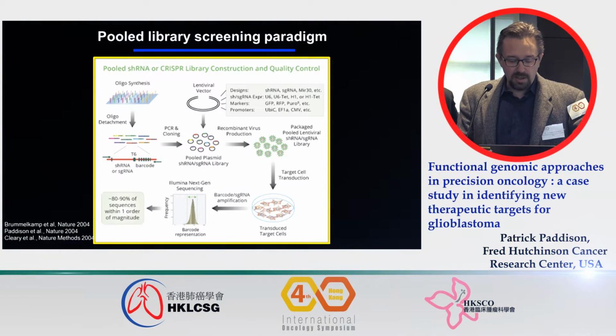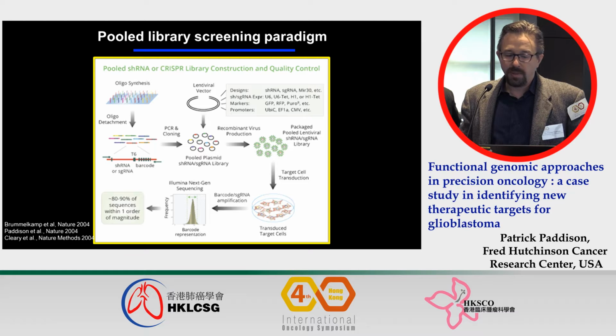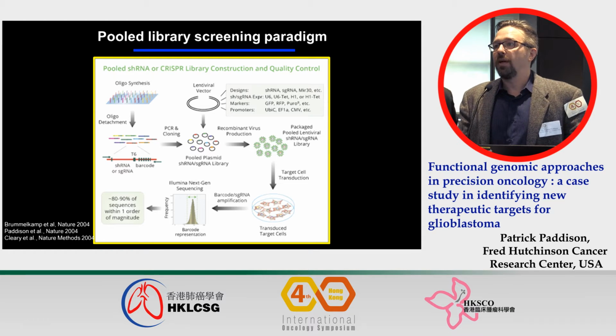So the main screening paradigm that we use for our functional genetic studies was developed a number of years ago by me and many other people back in the days when I was in grad school.